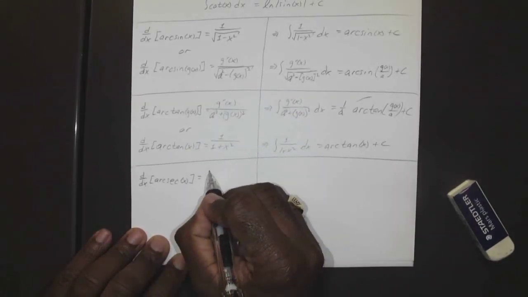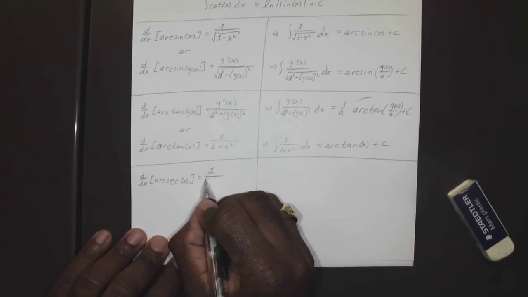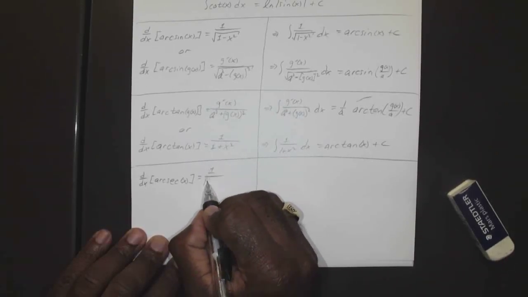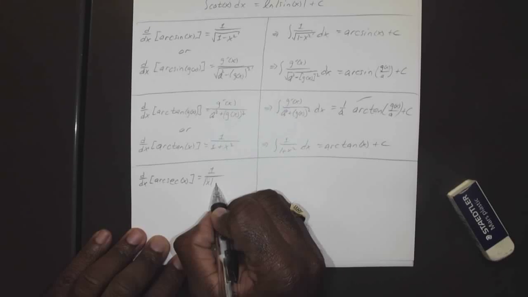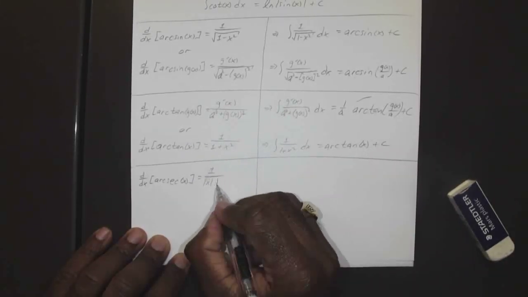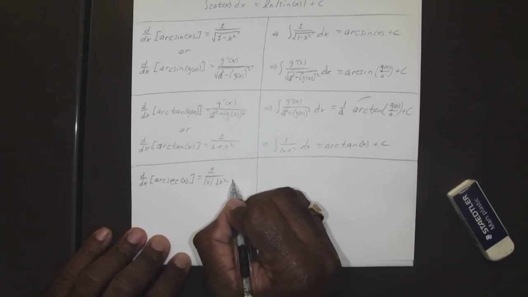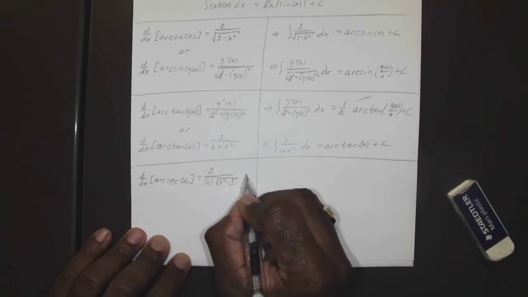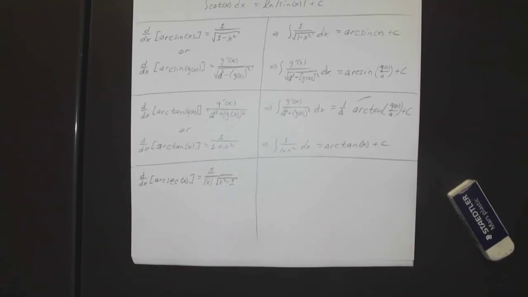Okay, so that's 1 over the absolute value of x, I had to remember that one, times the square root of, let me make sure, x squared minus 1. There we go. Took me a minute to remember that. I don't know why I didn't write it down.